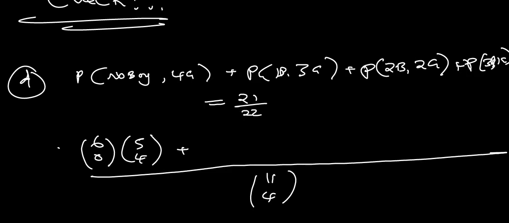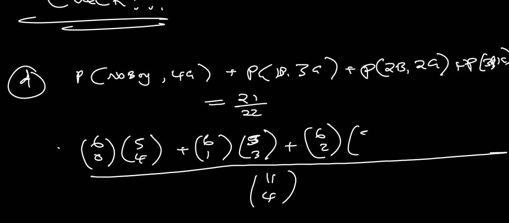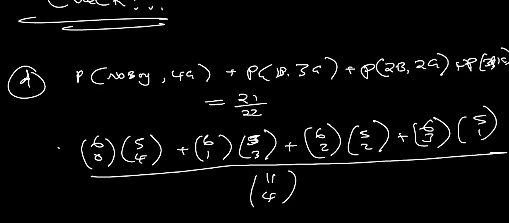Then here we have what? 1 boy, that's 6 choose 1, then we have 3 girls, plus then here we have 6 choose 2 multiplying 5 choose 2 again, 6 choose 3, then multiplying 5 choose 1. So sum up everything, it's going to give you back 21 over 22.